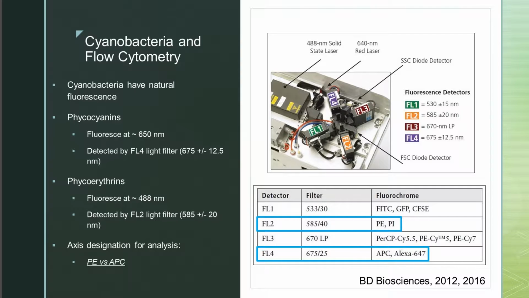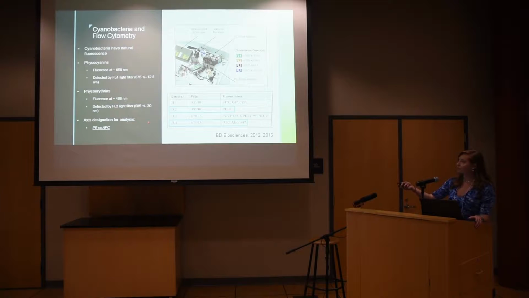So to pick up phycocyanin, you have to use light filter FL4, and that is able to pick up wavelengths of 675 nanometers, plus or minus 12.5. And you can see FL4 here, and that is the filter, and then the fluorochrome that is actually inside the filter. And so we use the fluorochrome APC, and this will all be related later, I promise.